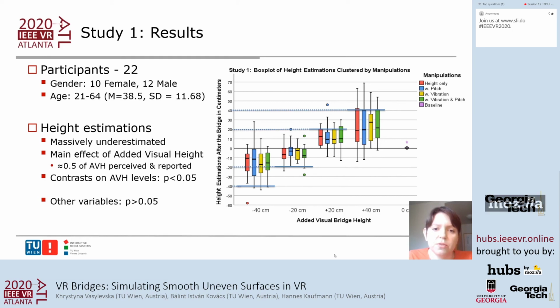For the other variables, the trend for the estimations improved somewhat for the conditions with vibrotactile stimulation and cases of large negative and positive added visual height, but it didn't have a statistically significant effect.